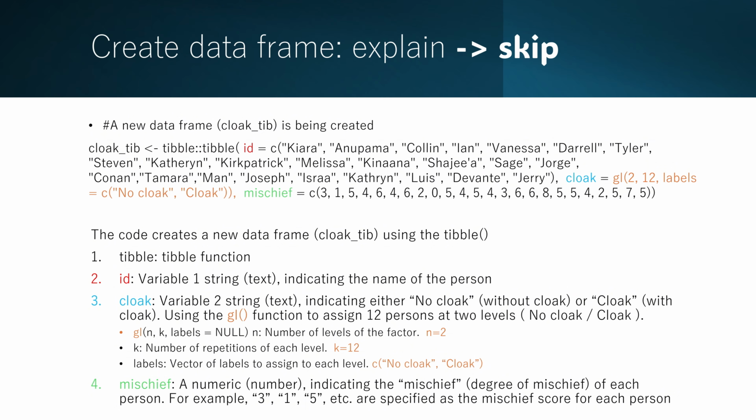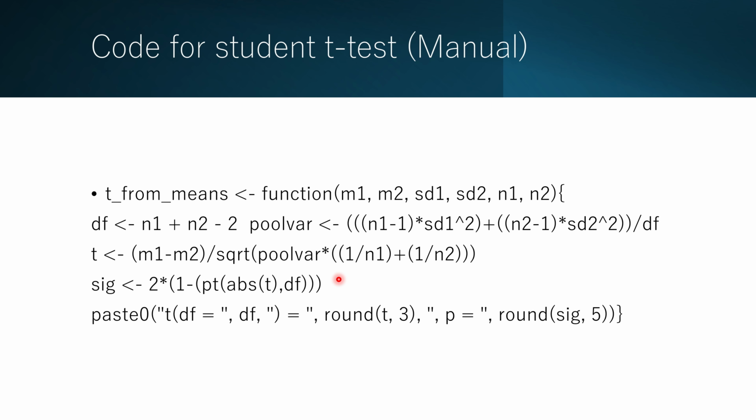Okay, so we can skip this slide, and this is the manual handmade code for the student t-test, using the t-test from means function. This command shows what the t-test computes.